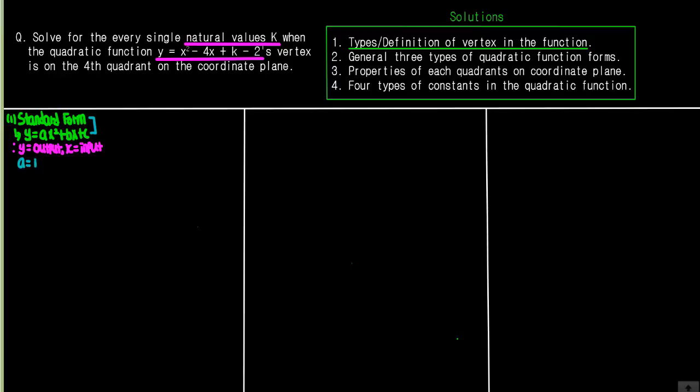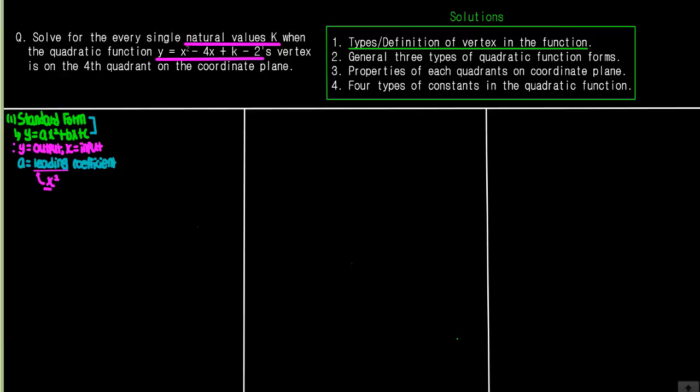A is our leading coefficient. We know that a coefficient is just a number beside a variable, and the difference between the leading coefficient and just a coefficient is defined by the word leading. Leading is short for the highest degree power term in the quadratic function, which is x squared.